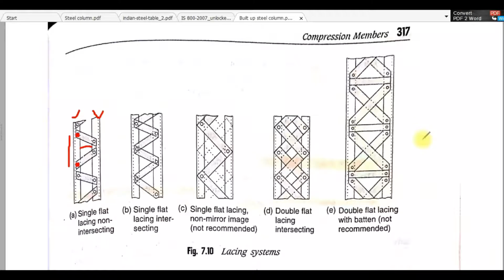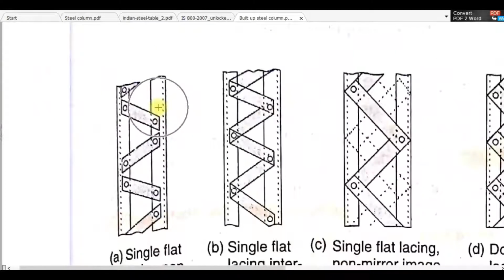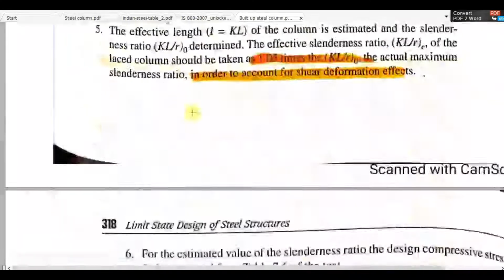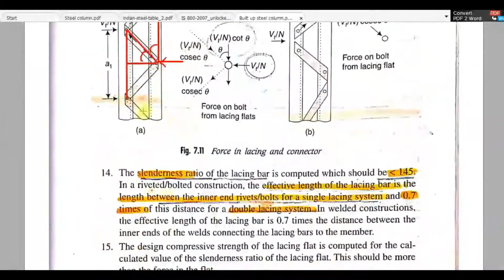Let us draw this here. I have drawn it on the next page, so let us go back to the page.